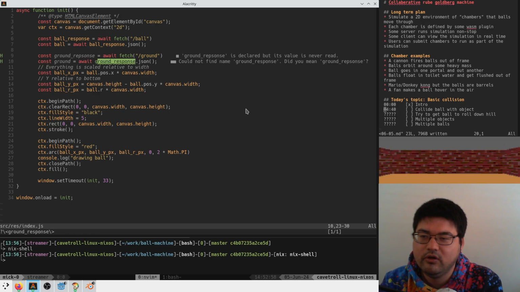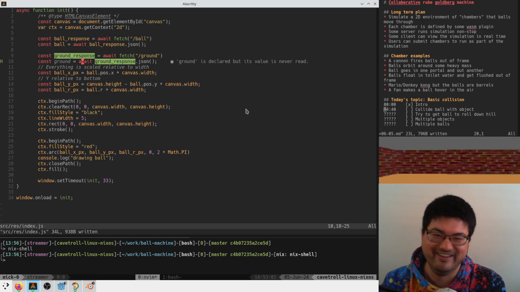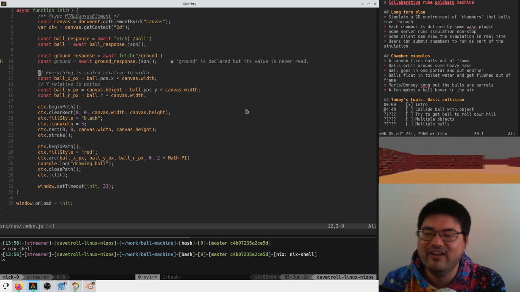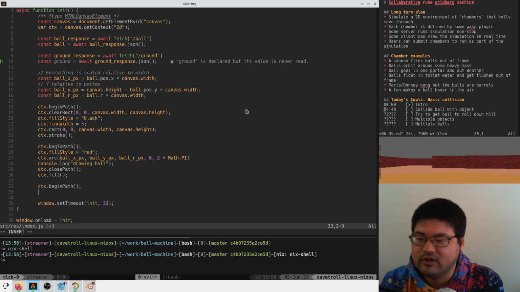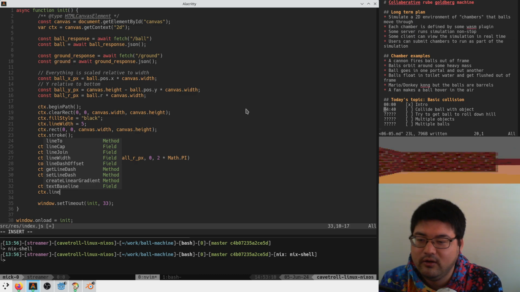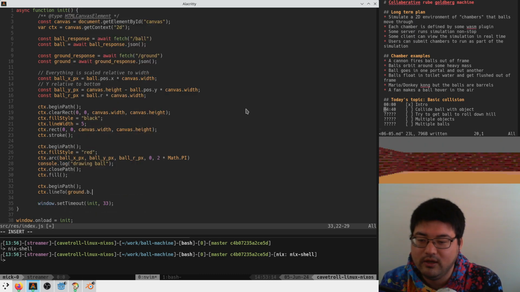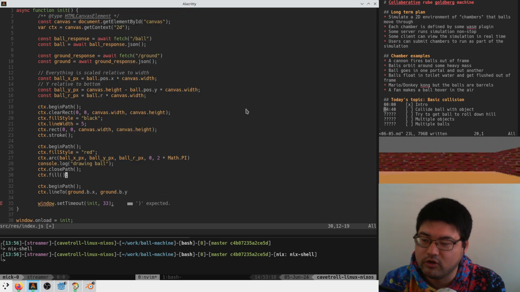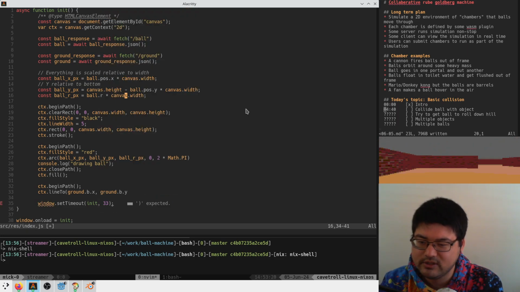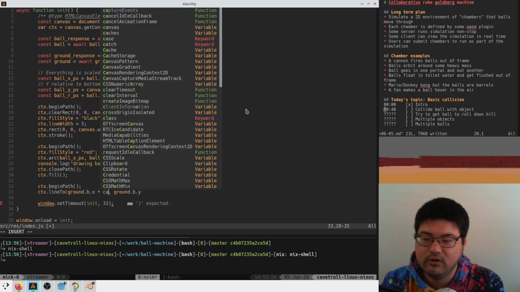Ground response. There we go. Okay, so then we should just be able to draw a line here. So I think it's CTX line 2, ground B X, ground B Y. But we need to convert the ground positions to pixels. So this is just times the canvas width.